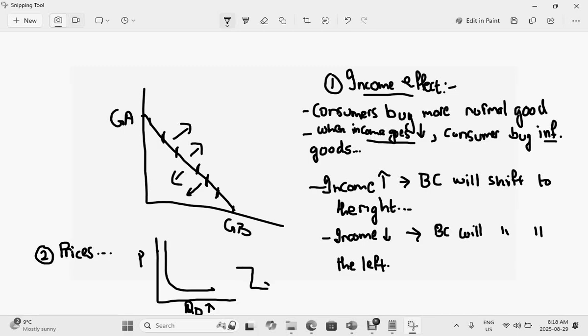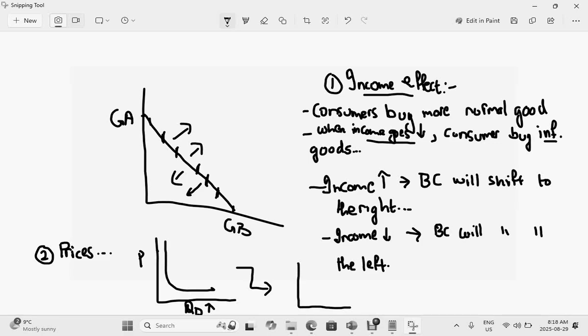However, in real life, there are many factors that impact demand or quantity demanded, not just price. The amount of money that you have in your pocket is one such factor.